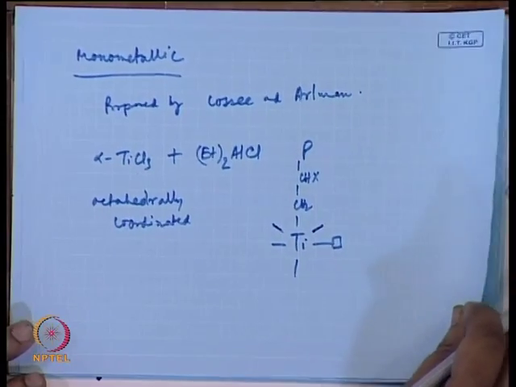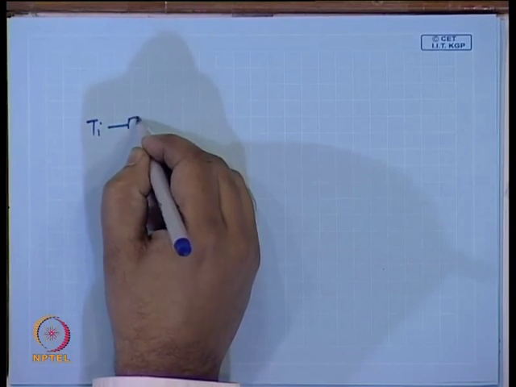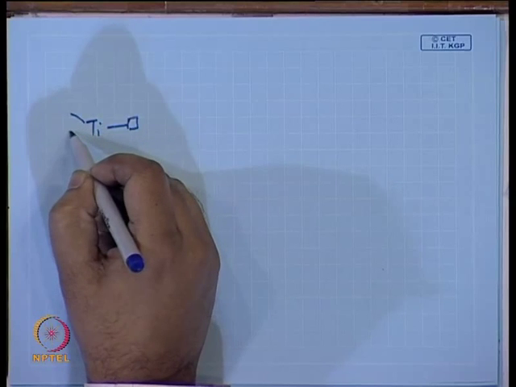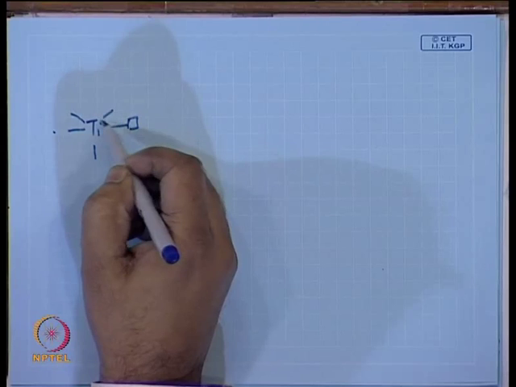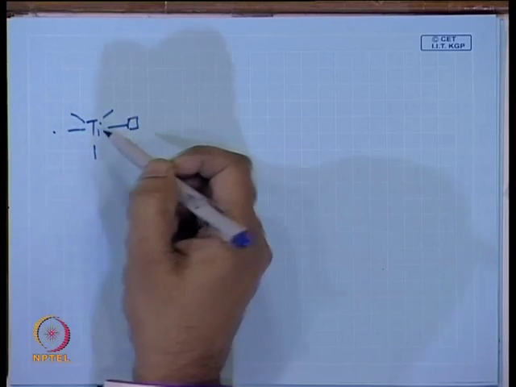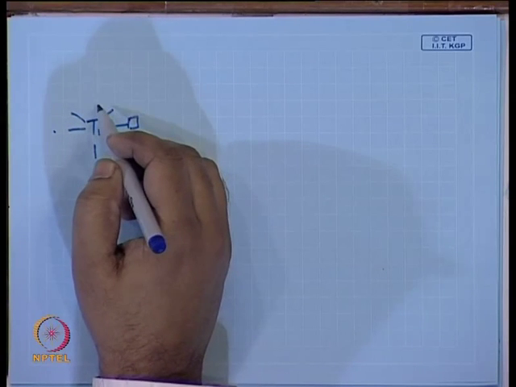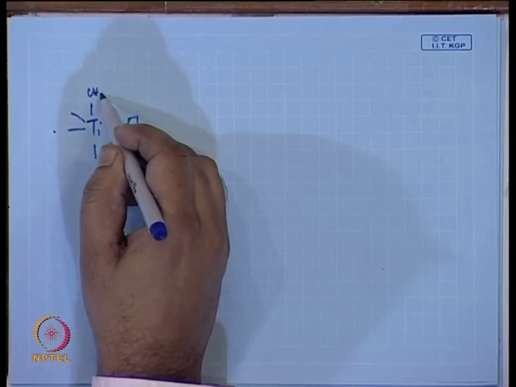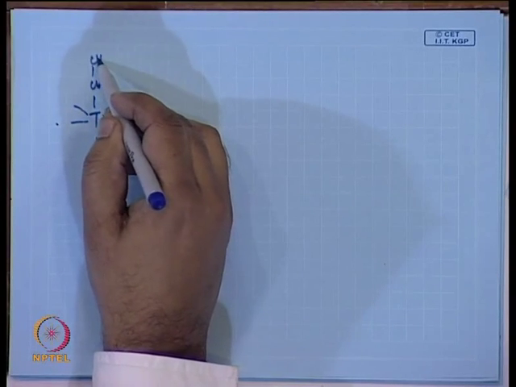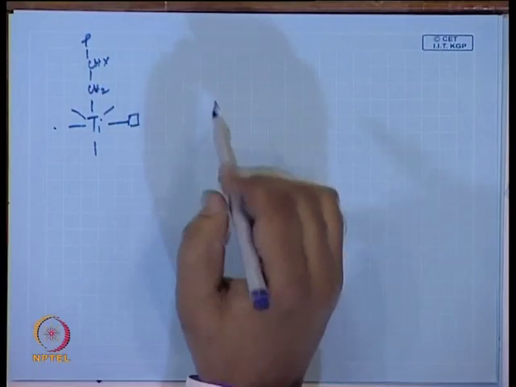Let me draw the mechanism on a separate page. So, now we have this vacant orbital, and these are all chlorine, 4 chlorine atoms which are firmly embedded in the crystal of the titanium chloride, and here we are writing the polymer residue, P, as a polymer residue.